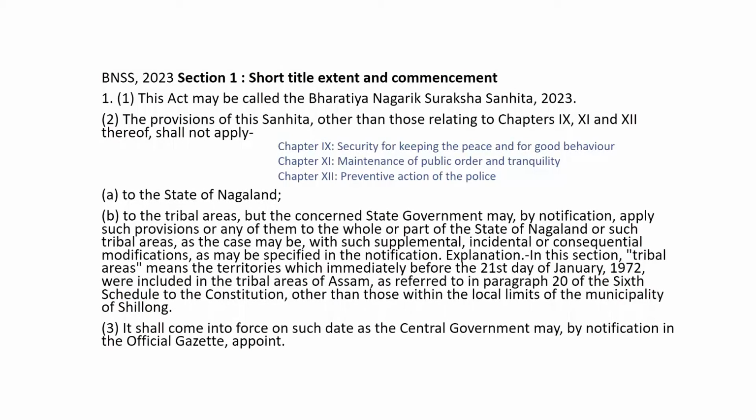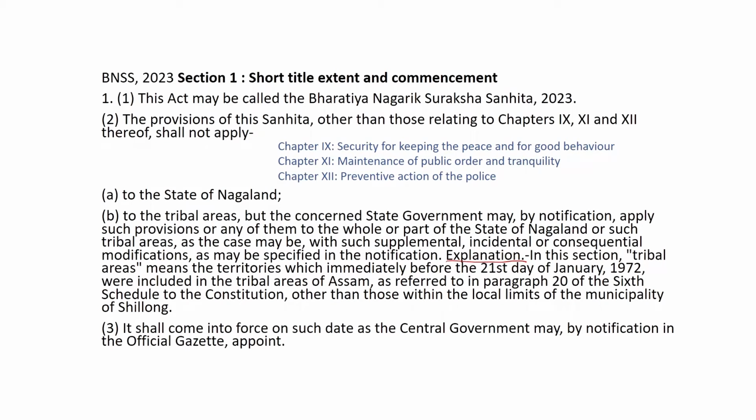Then what is the explanation to this provision? In this section, tribal areas mean the territories which immediately before the 21st day of January 1972 were included in the tribal areas of Assam as referred to in paragraph 20 of the 6th Schedule to the Constitution, other than those within the local limits of the municipality of Shillong.